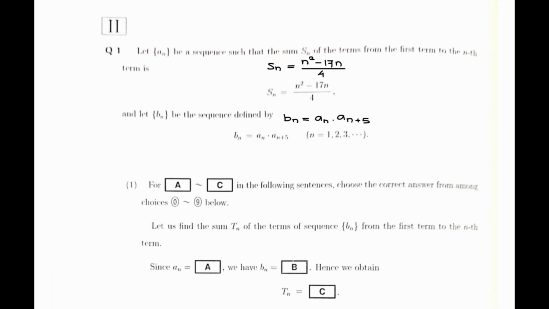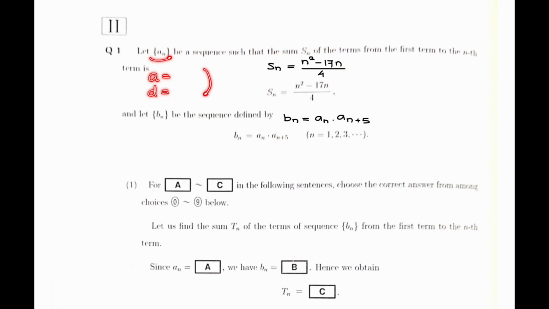So, since I already know that An is an arithmetic progression, we can find An by finding its first term and the common difference.